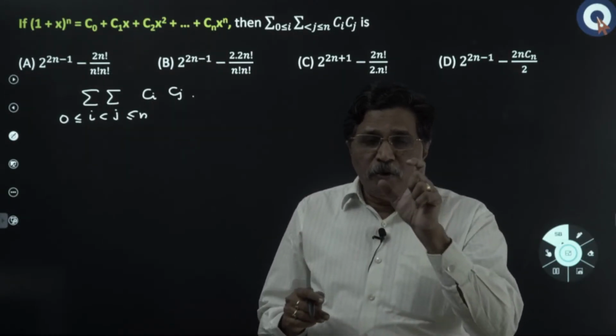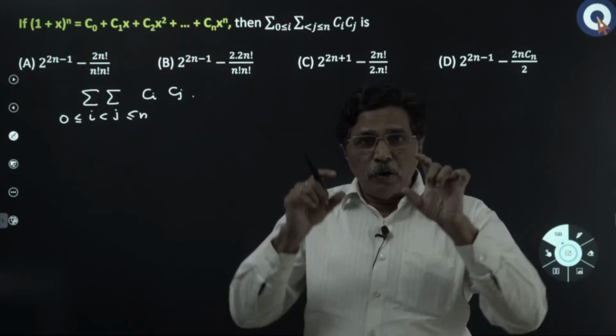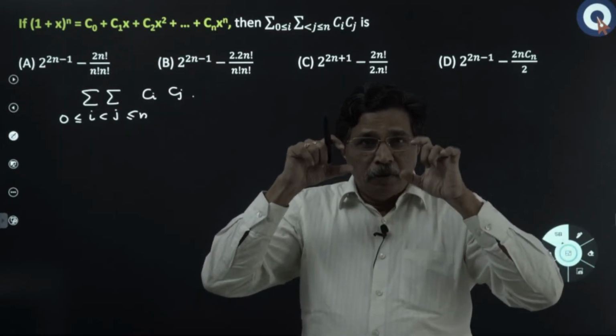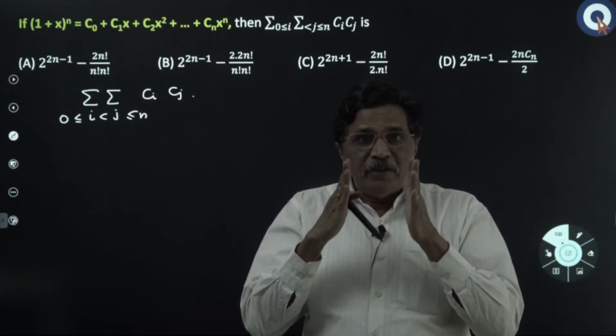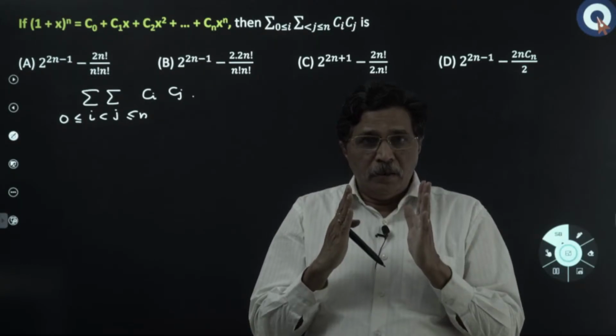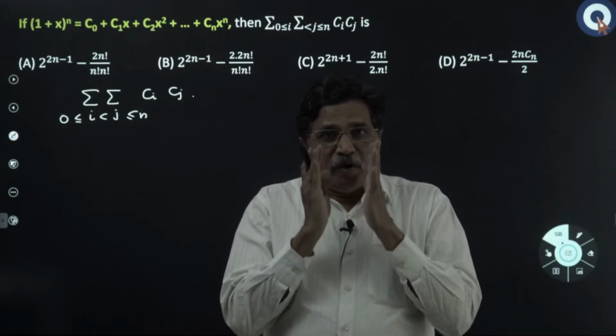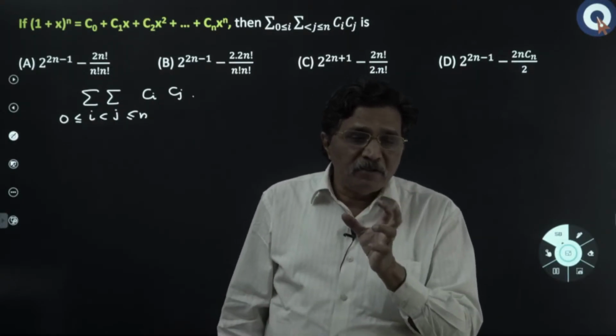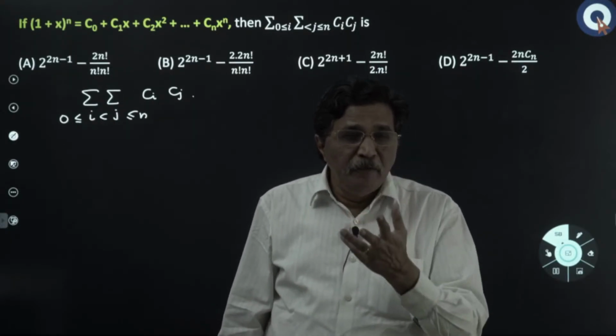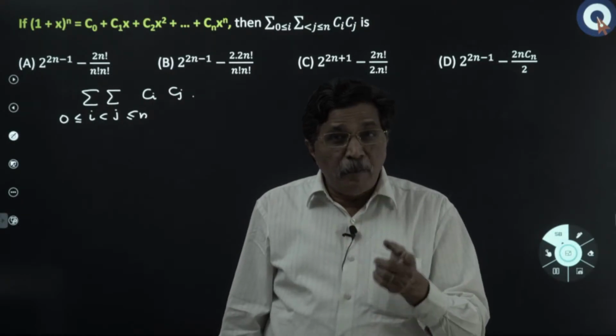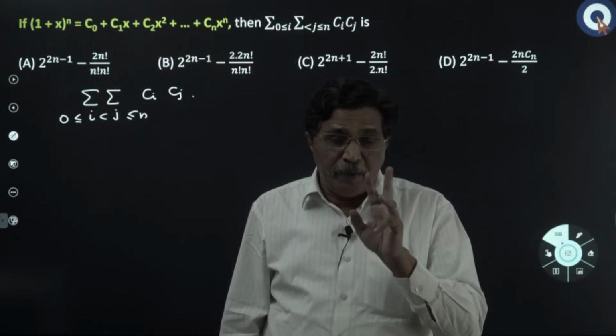And here this notation sigma sigma, they are not two separate sigmas, we must consider that as one symbol. So try to understand this very carefully. This is just one symbol. It symbolizes what it talks about verbally: the sum of the products taken two at a time.